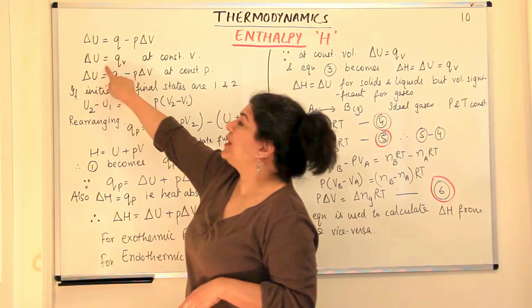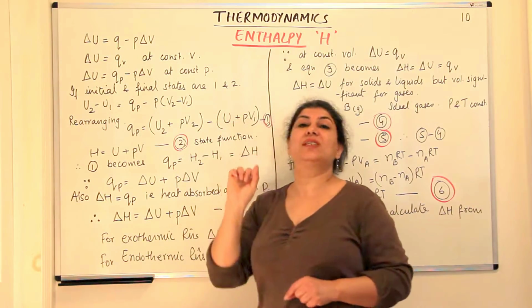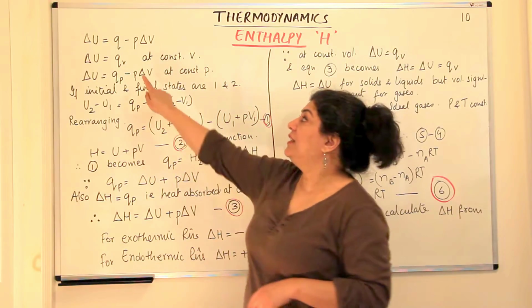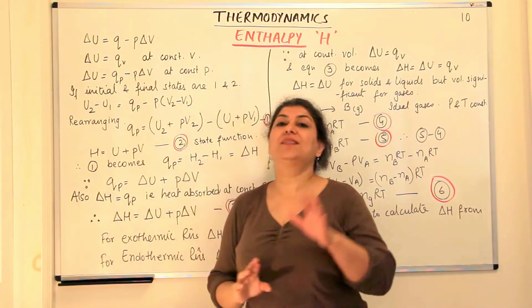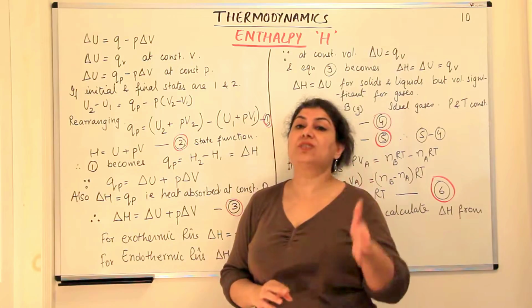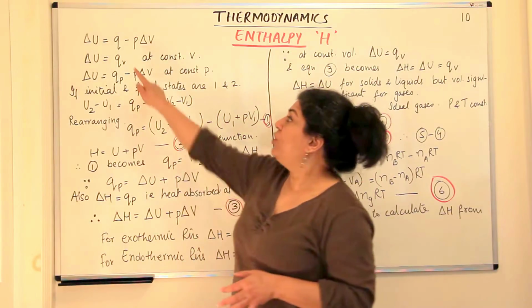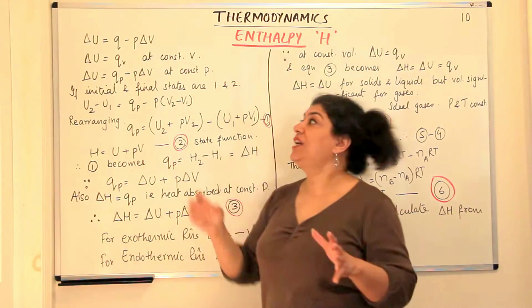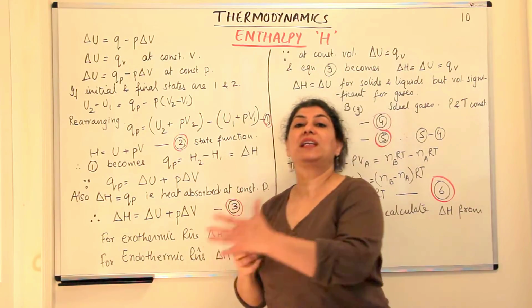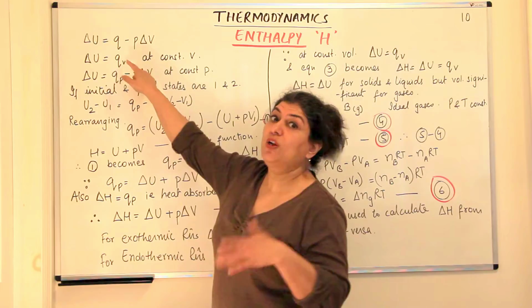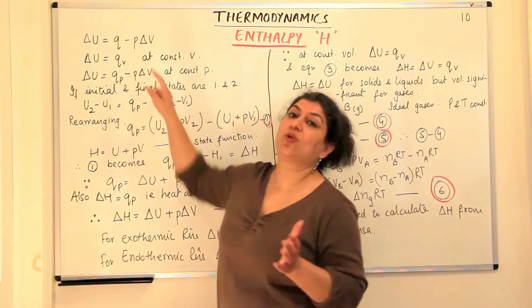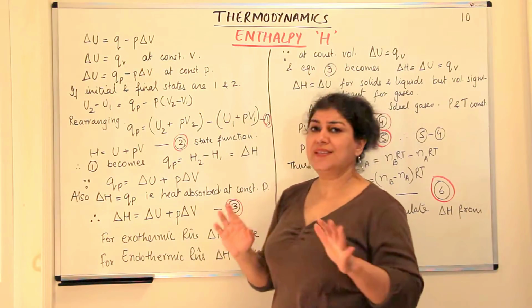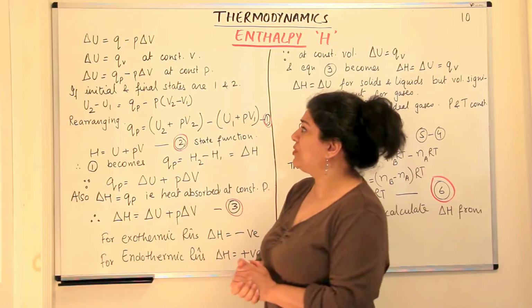So delta U becomes equal to Q, and we use the subscript V, because we want to specify that this is the change in heat which occurred at constant volume. So delta U is the change in internal energy, and QV is the amount of heat exchanged to cause that change in internal energy at constant volume. This is what we have studied in the previous videos.